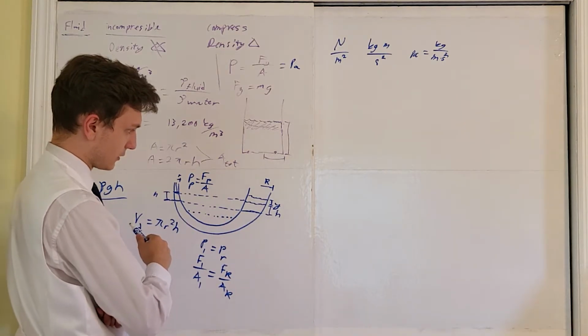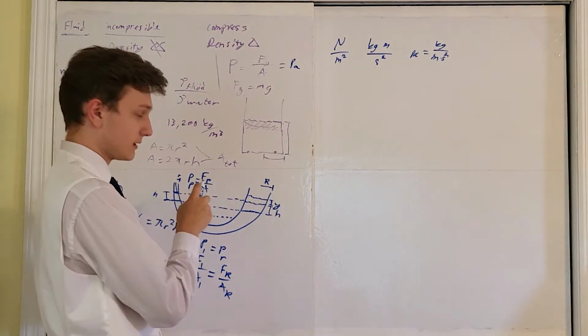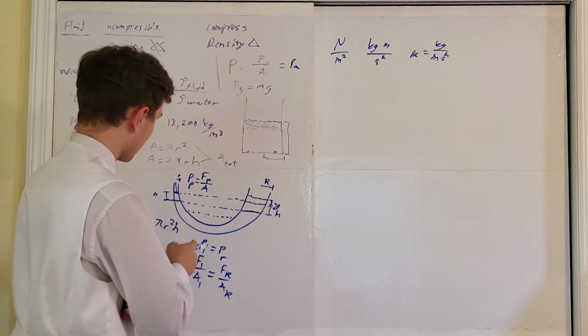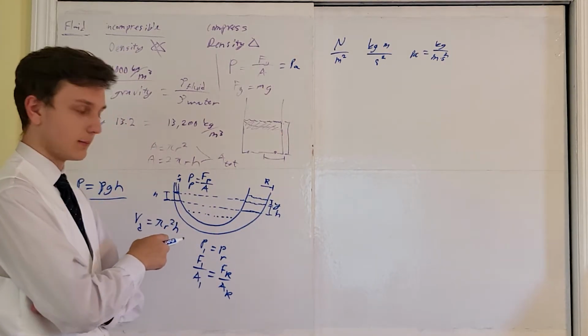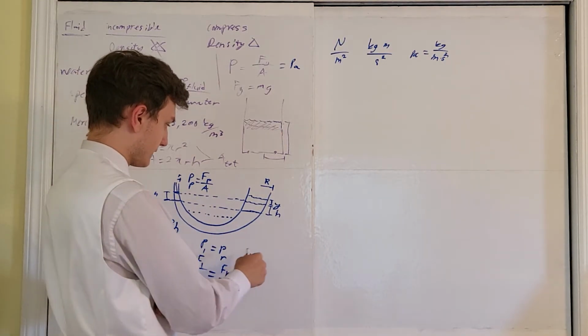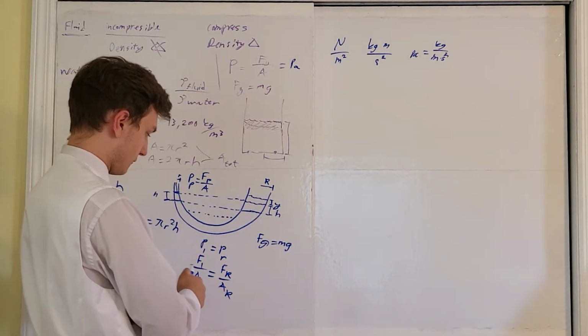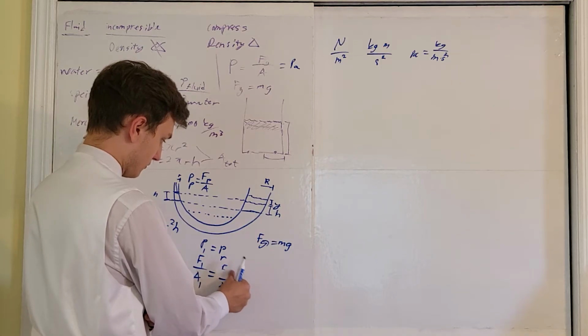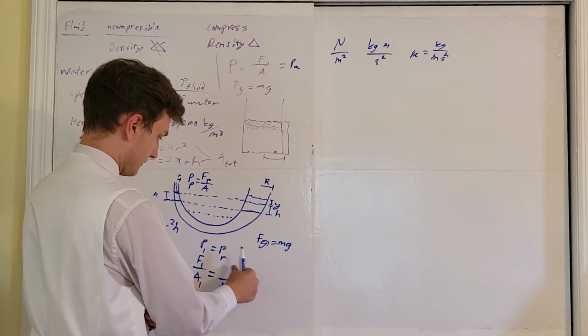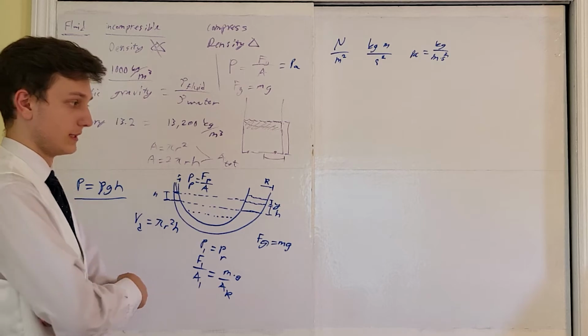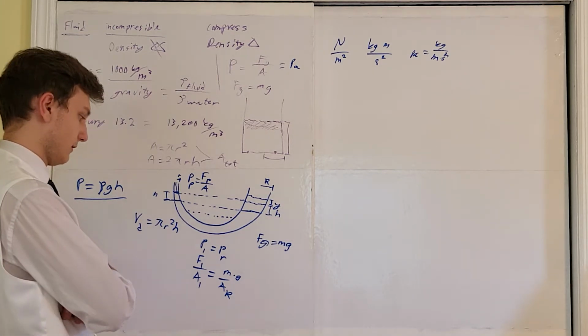What is the force on the right? The force on the right is the gravitational force. The force on the left is the force applied by the piston. So we know that the gravitational force, Fg, equals mg. So the force on the right is equal to mass times gravity. But we don't know the mass of fluid. We only know the volume of fluid.